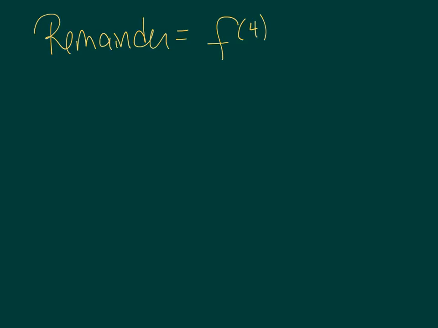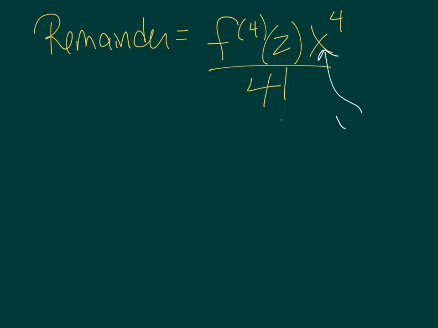All right, Taylor's theorem says that the remainder can be given by the fourth derivative, because we went up to the third degree, at z, we'll talk about what z is in a second, times x to the fourth over 4 factorial. Now this x is the x that we're plugging in. That's exactly the 0.1. But what's the z?